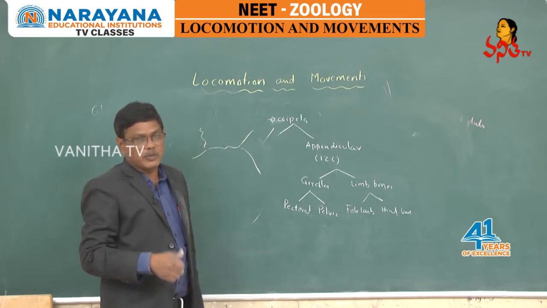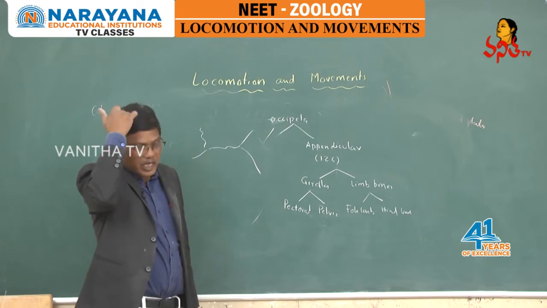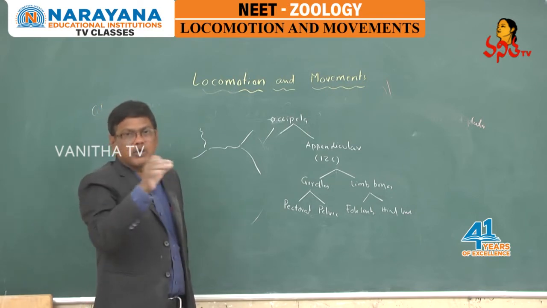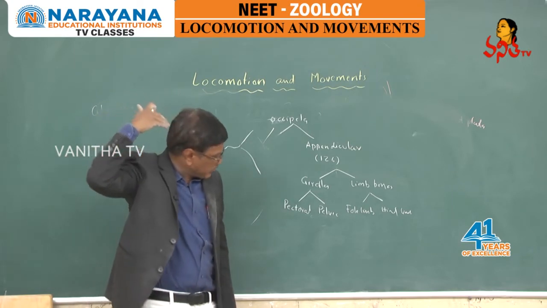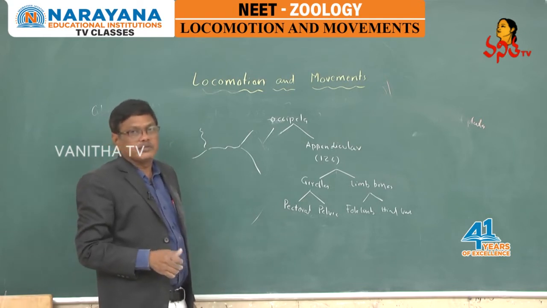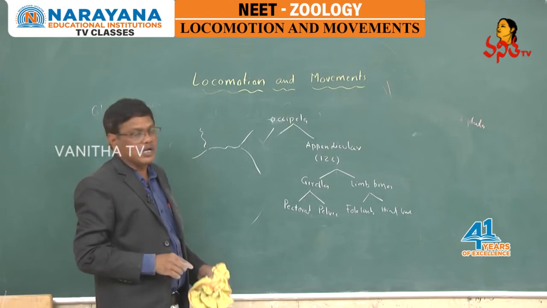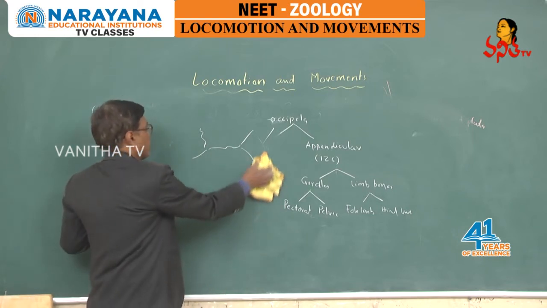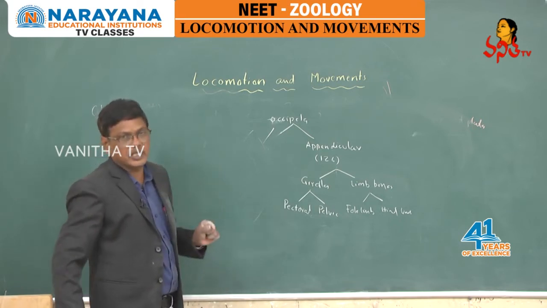The suture between the frontal and parietal bone is called the coronal suture. Between the parietal and occipital it is called the lambdoid suture. Similarly, sagittal sutures and others are present.